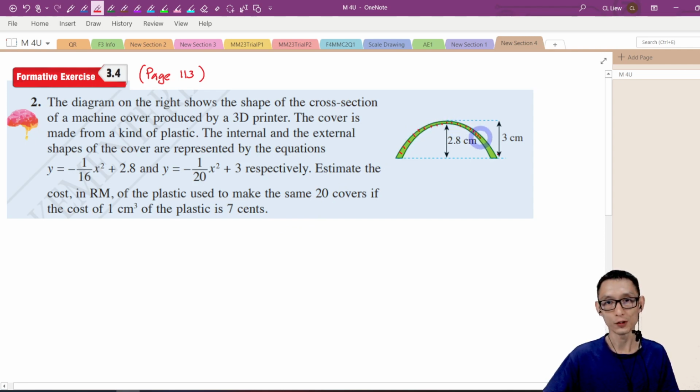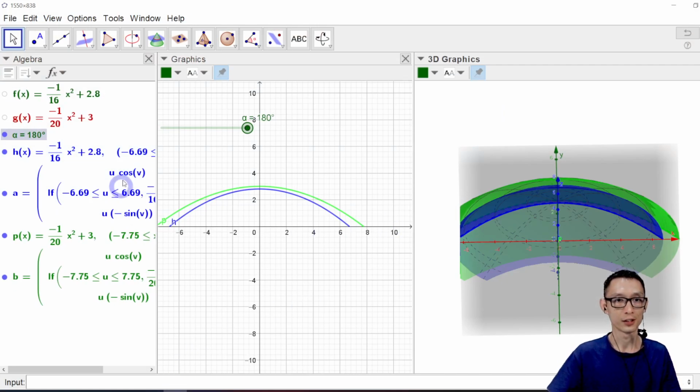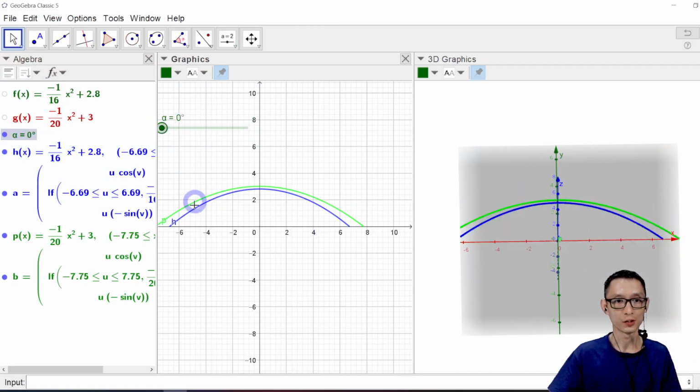So I hope that you still remember how we find the volume of revolution when a curve is rotated about the y-axis and x-axis. In this situation, the curve is rotated about the y-axis. So what is actually happening here is like this. This is the outside one, which is negative 1 over 20 x squared plus 3, and the blue one is the inside one, which is negative 1 over 16 x squared plus 2.8.